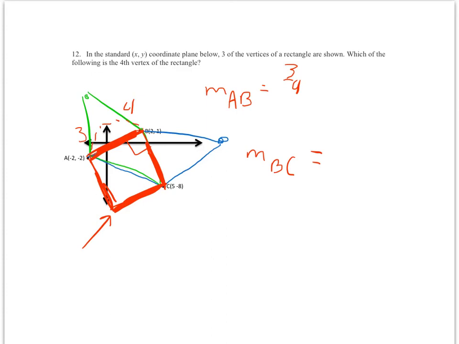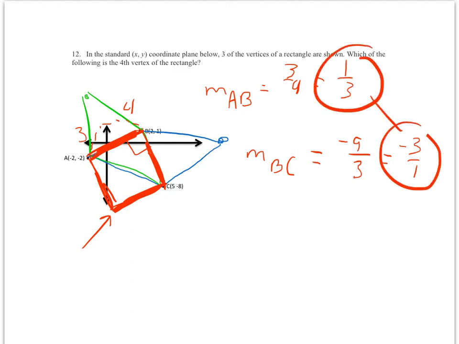So if you count from 1 to 8, here you have to go down 9, and then you have to go to the right 3. That reduces to -3/1. This up here reduces to 1/3. These are negative reciprocals of each other, which means these lines are perpendicular, which means this is a 90-degree angle. So this rectangle is going to work.